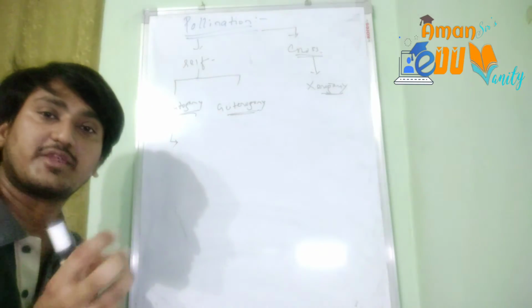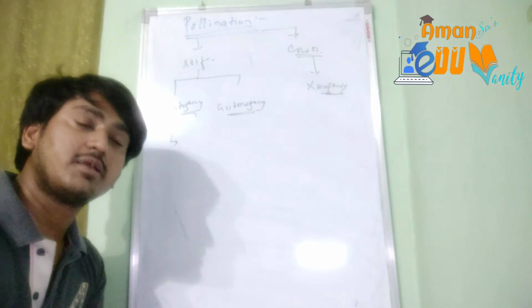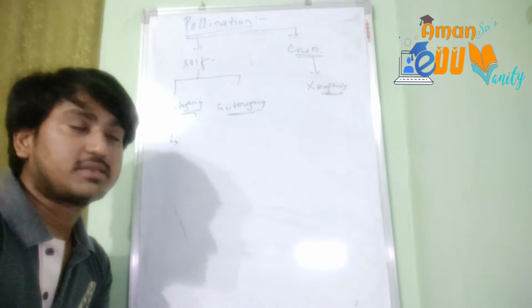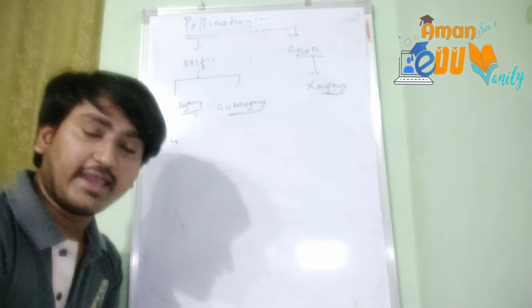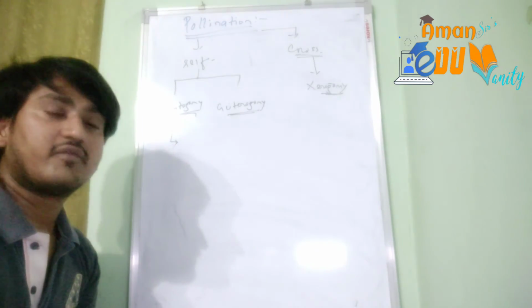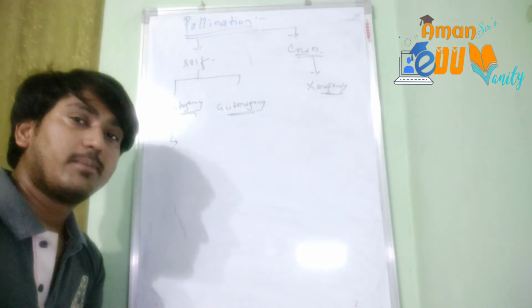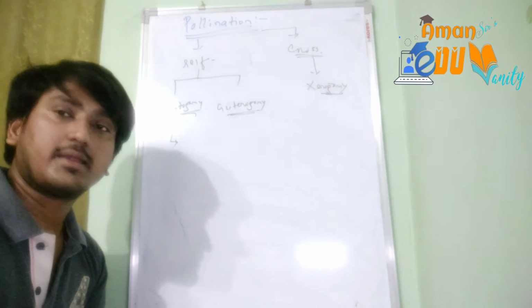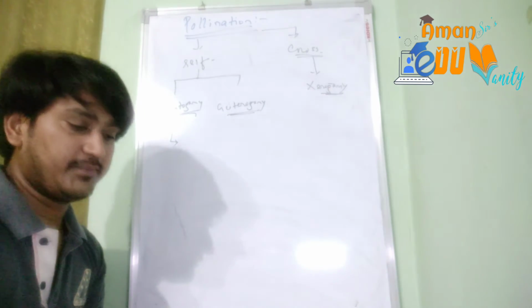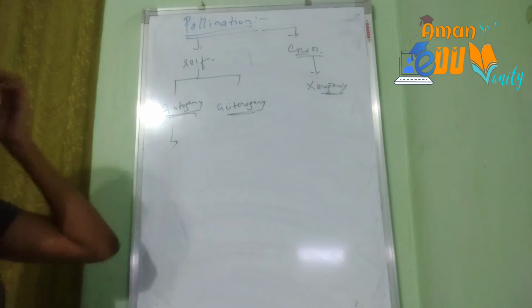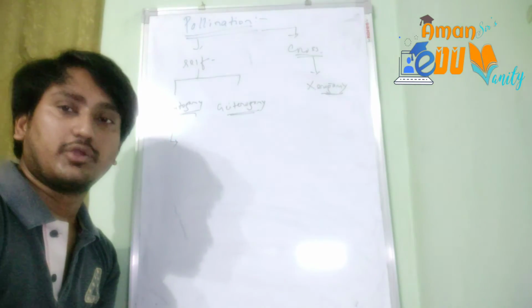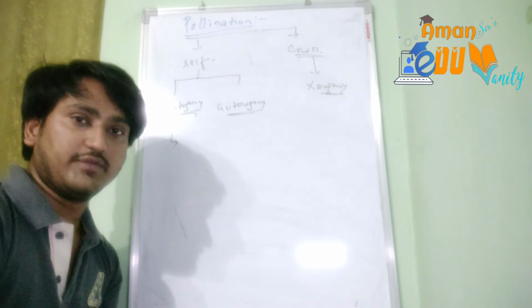The stigma should be mature to receive the pollen grains at the same time the pollen grains are released. That's called synchrony. Another thing is that the male reproductive part and the female reproductive part should be placed very close to each other so that they could pollinate easily. So these are the two conditions in which autogamy could be confirmed.